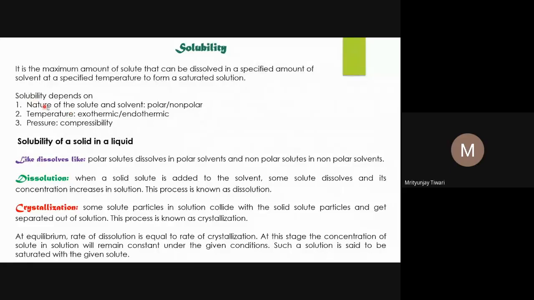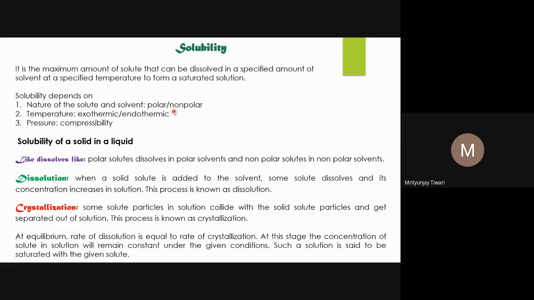Now what other factors are there? The nature of solvent and solute affects the solubility. How it affects, we'll see one by one, step by step. Now the temperature. If you talk about the effect of temperature on solubility, there are two terms that we need to understand. One is exothermicity, whether the dissolution is exothermic or endothermic.